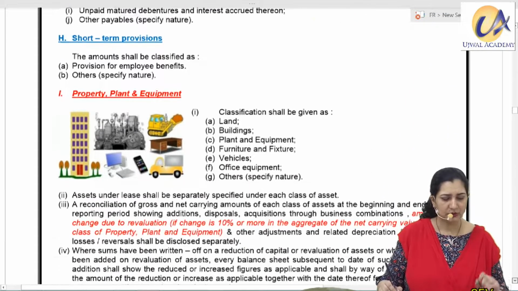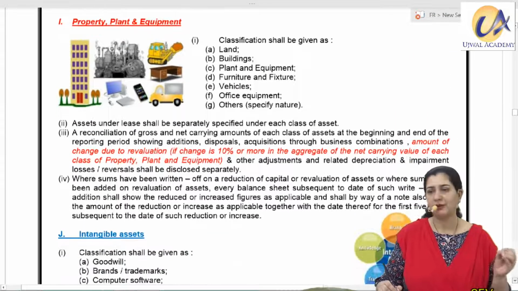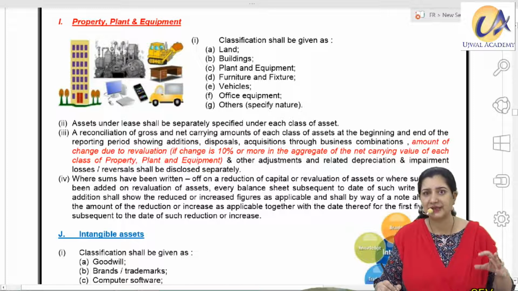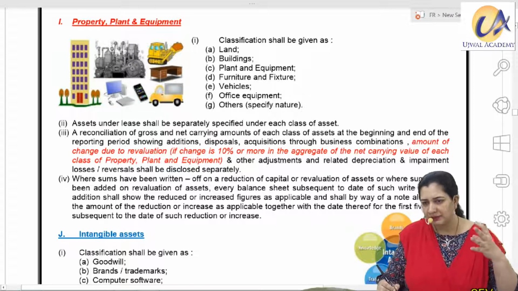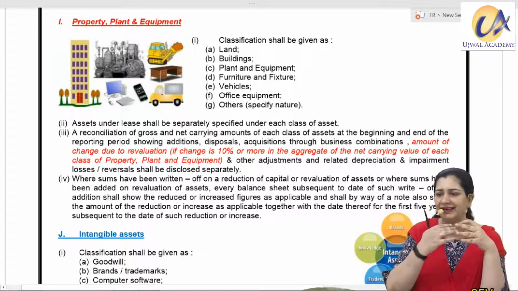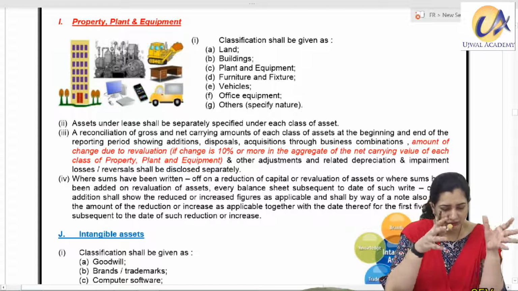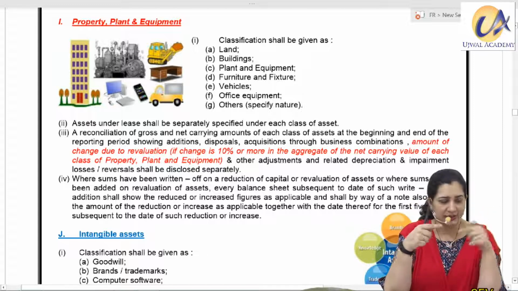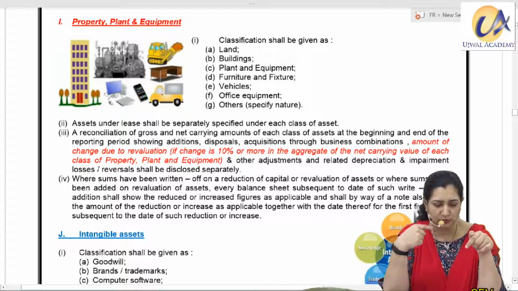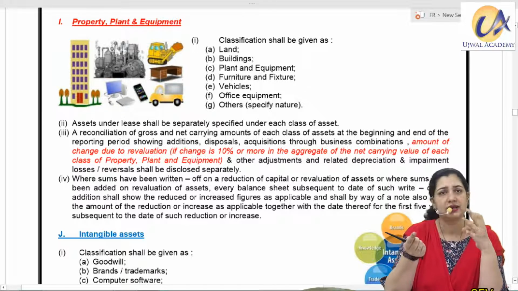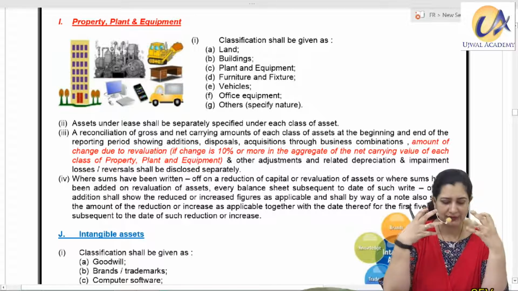Then going to my PP. Now remember, we call it not tangible assets, we call it PP. So in PP, point number 3, you will see in red again I have given you the change. If at all we give the reconciliation, in point number 3 we give reconciliation, opening balance and whatever additions, disposals have happened, and then we tally it with the closing balance.